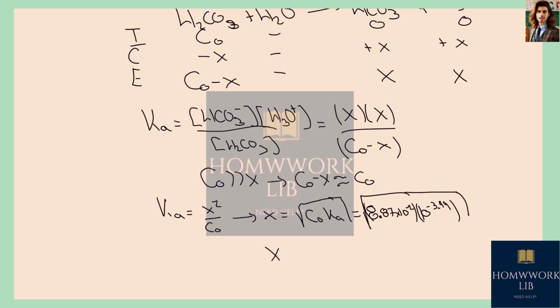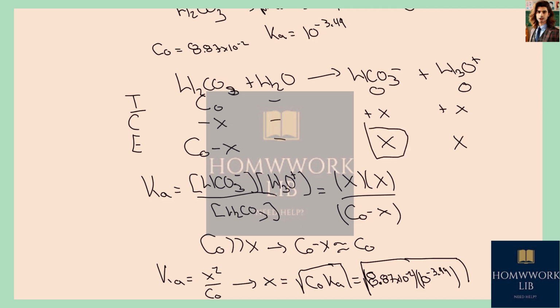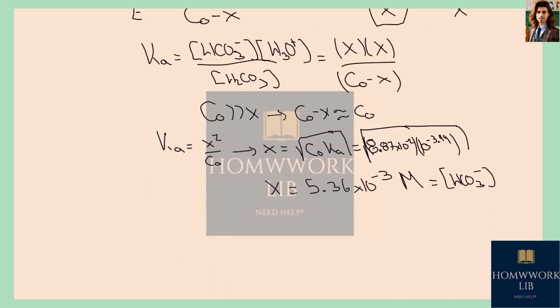We find a value of X corresponding to 5.36 times 10 to the minus 3 molar. And this would be equal to the concentration of HCO3 minus, because we found that value from our ice table in molarities.